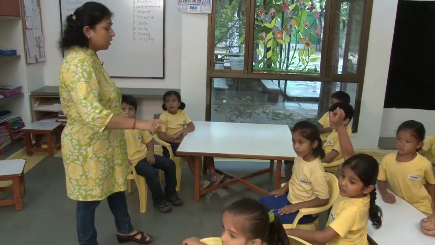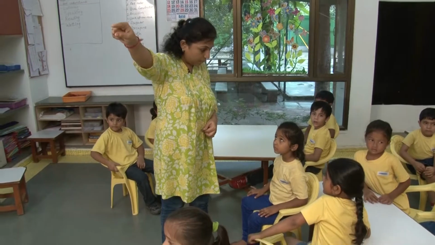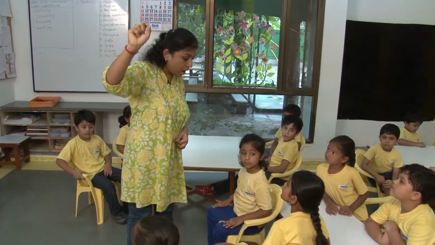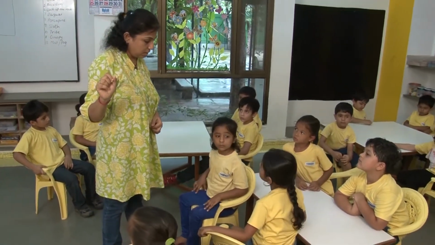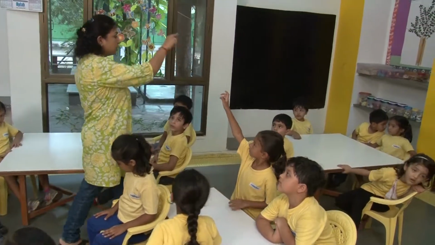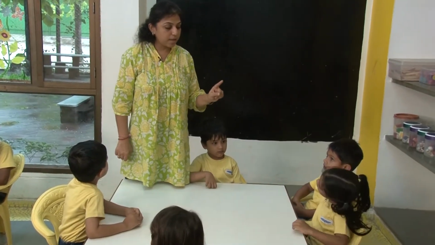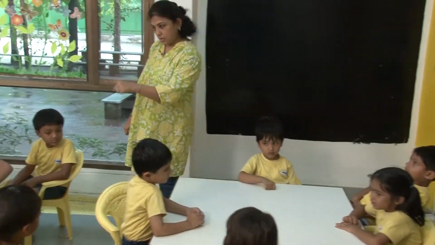I want you to go to K1 and ask the ma'am how many children are there in the class. And Nandini, you will go to grade 1 and you will ask the ma'am how many children are there in your class. Alright? Go.